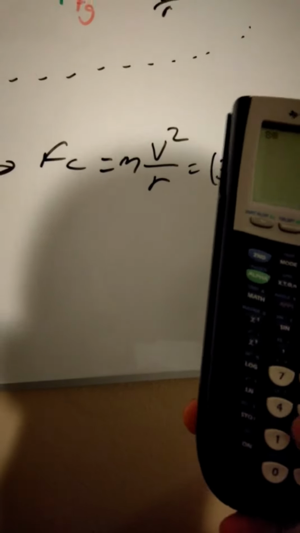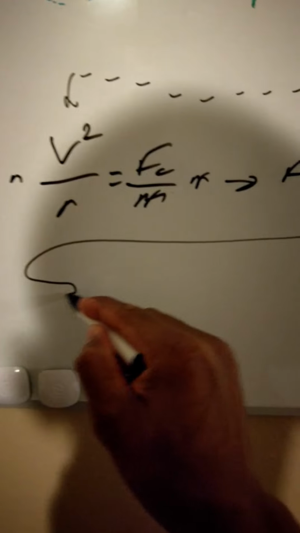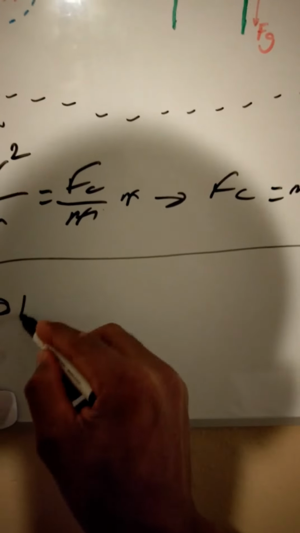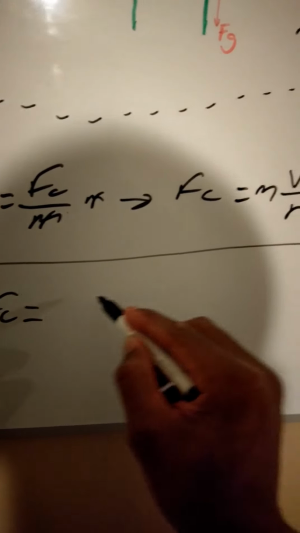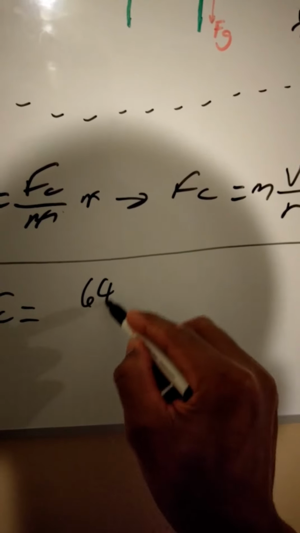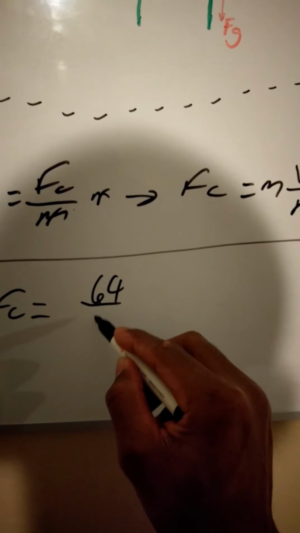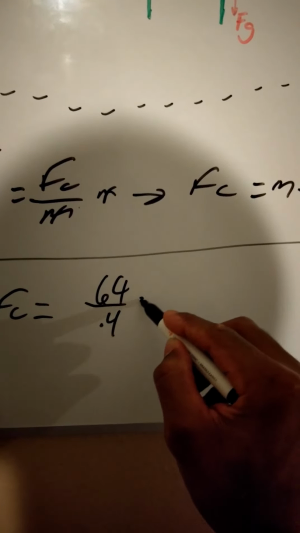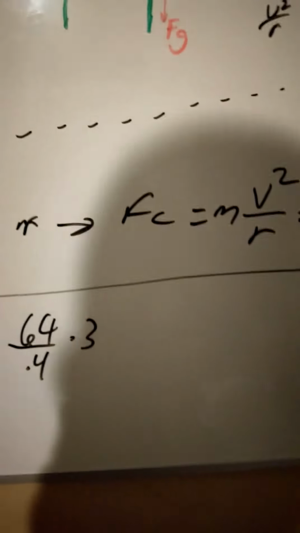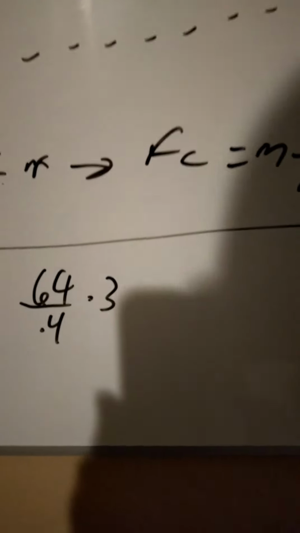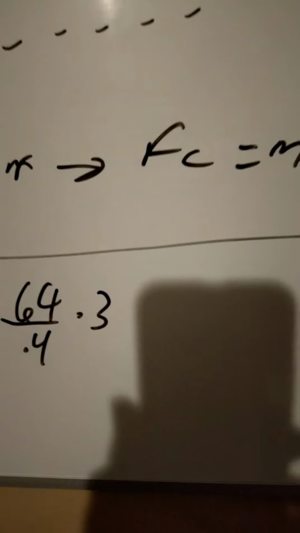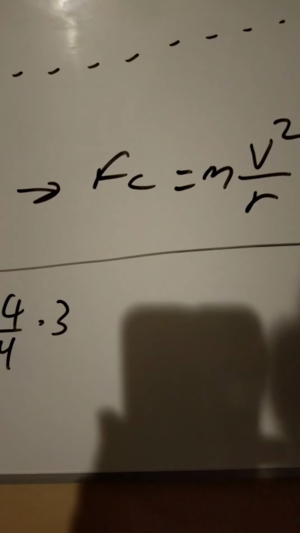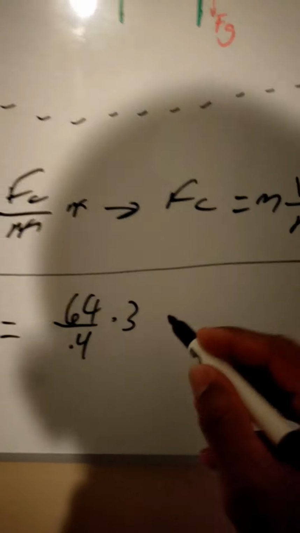And I'm going to do 8 meters squared. I'm going to get 64. So I'll do 64 divided by 0.4, and I get 160 times 3.